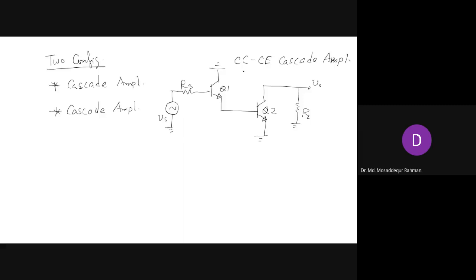And the cascode configuration will look like this. This is our common emitter amplifier.